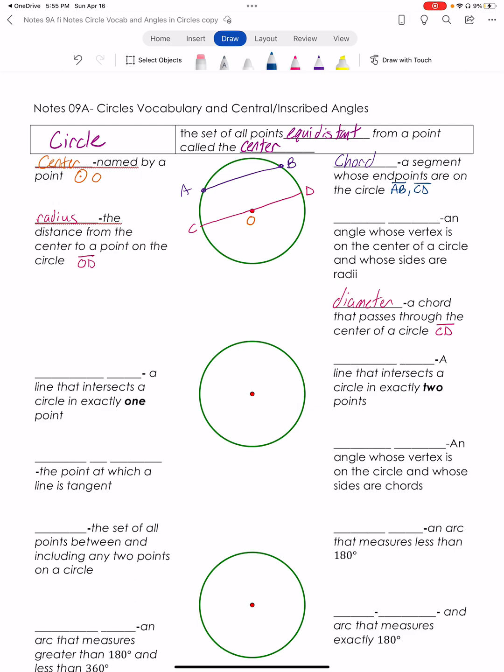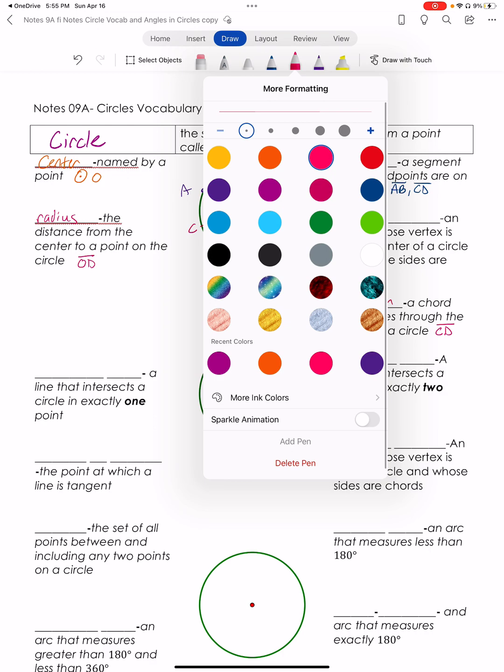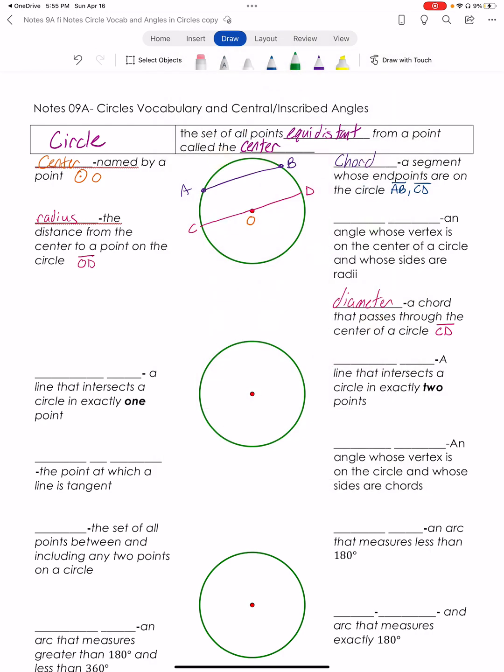So the next one is what's called a central angle. It is an angle whose vertex is on the center of the circle and whose sides are radii. So let's call this point R. So this angle right there, angle DOR, is a central angle.